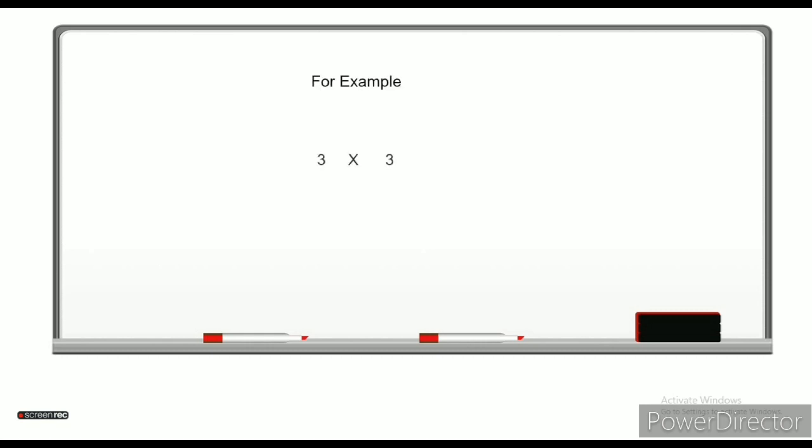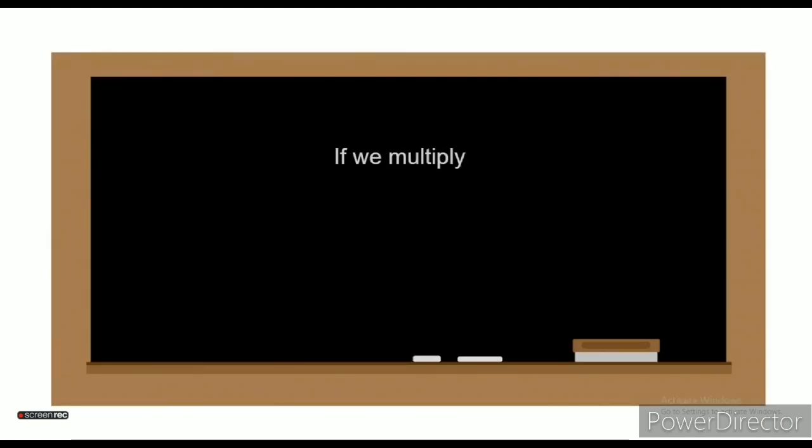Thus, for example, if we multiply 3 with 3, we are said to have squared the number 3. If we multiply 4 by 4, we are said to have squared the number 4.